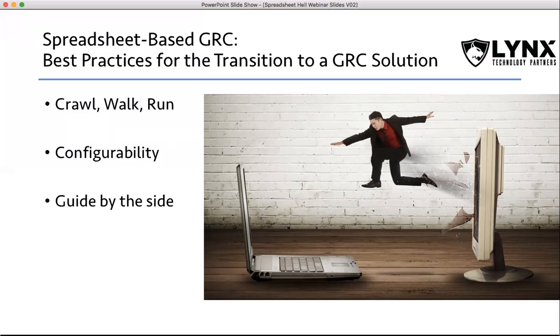Sure. Yeah. The first thing I would say is to take it slow. It's important because everyone wants those immediate results, but taking the time to transition the organization properly, to make sure that the SMEs are comfortable, that the control owners or administrators are comfortable, your ISO, it's really important to make sure they're comfortable with that GRC tool before you let them loose with it, and making sure that you choose the right GRC tool for your organization, making sure that it's configurable.